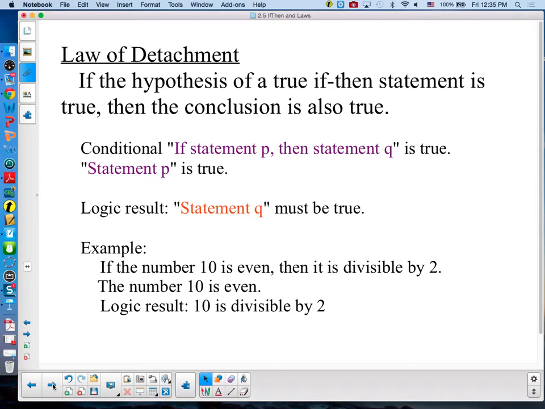I'll think of one that you would like for a true statement, a real life situation. Let's go to the statement I had before. If today is Friday, then tomorrow is Saturday. Today is Friday. So, if what? If you are 16, then you can drive.